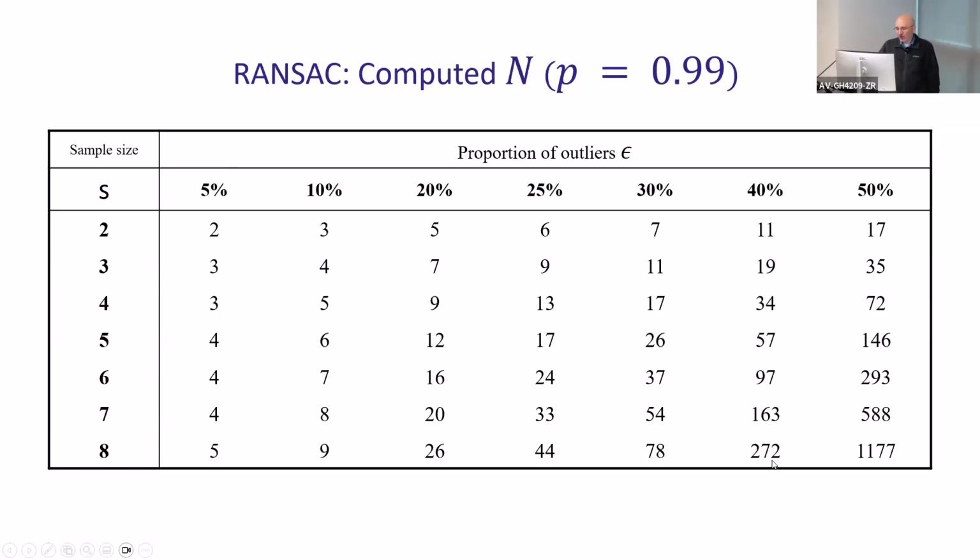The total number of tries for like 40% of outliers, which is almost half of your data being outliers, tons of noise, is like 200 tries to identify 8 parameters. It's not much. For any kind of robust optimization technique, it's really nothing. Computationally not expensive at all.